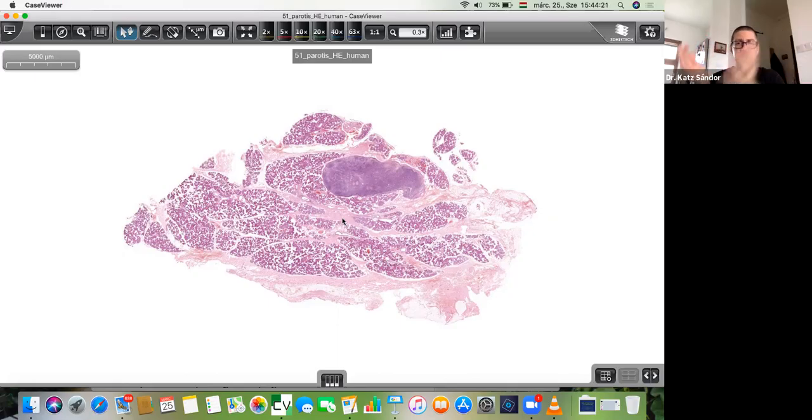They are surrounded by a capsule, a dense irregular connective tissue capsule, and from the capsule we have connective tissue septa dividing the glands into lobes, and inside the lobes we can find small units called lobules. And we have the acini. In the mixed glands we have Giannuzzi demilunes as well.